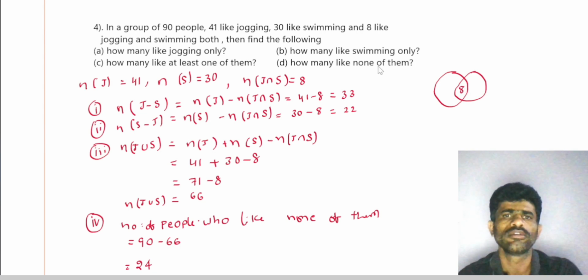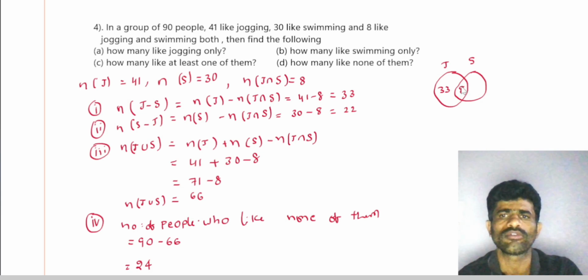Let us take this as jogging and this as swimming. How many people like jogging? 41. In that, 8 is already filled. The remaining is 33, so we write 33 here. 33 plus 8, total 41 people like jogging.